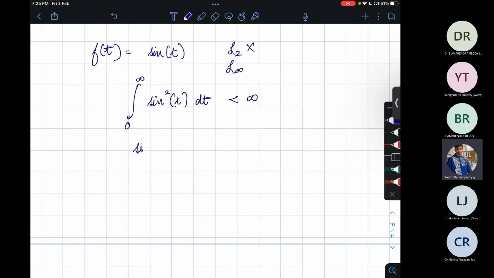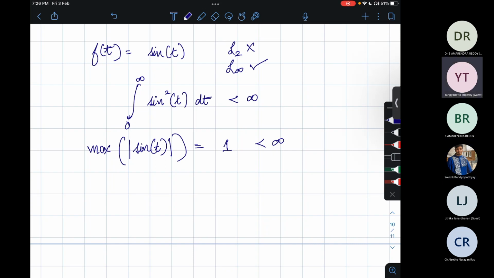So sine t, absolute value, maximum of it is 1, which is less than infinity. So it is L infinity, but it's not square integrable, right? So you have one example which is L infinity but not L2, correct?